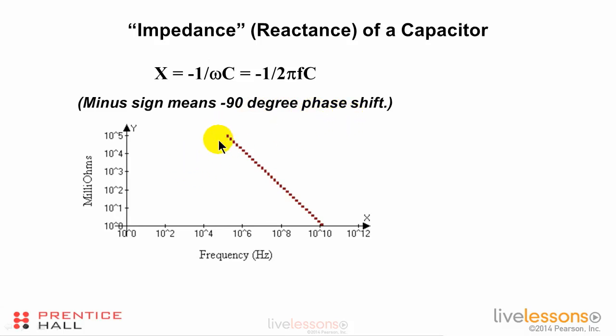If we plot the reactance or the impedance of a capacitor, that is what we call downward sloping to the right. It's very high at low frequencies. It's very low at high frequencies. Any impedance curve that is downward sloping to the right is capacitive over that range.